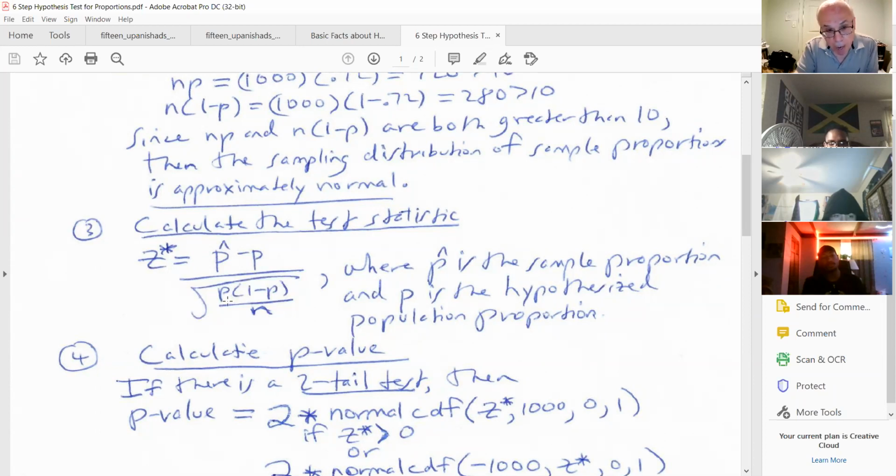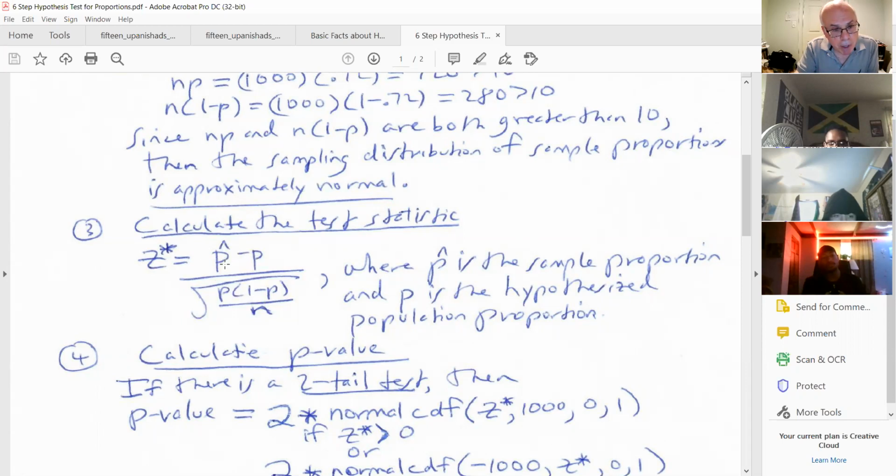With this, you put your hypothesized population proportion in here. So 0.72 is p. You put that in here, just like in the numerator. Then 1 minus p would be 1 minus 0.72, and n would be your sample size. The square root of all of that is your denominator of the z.